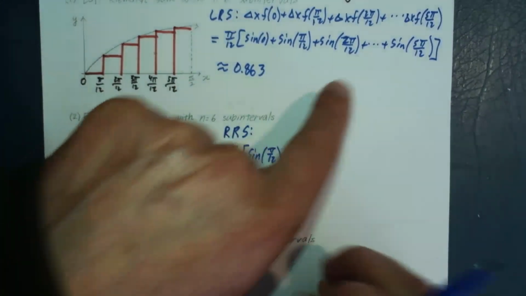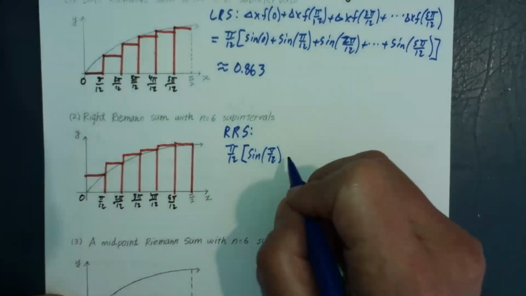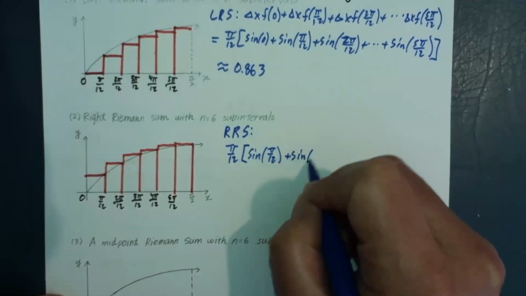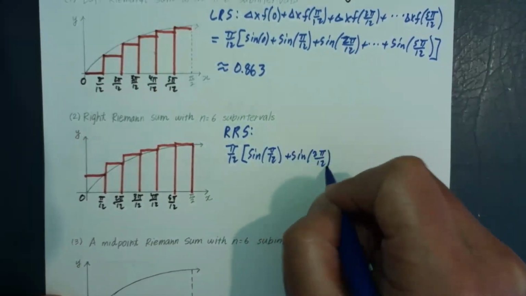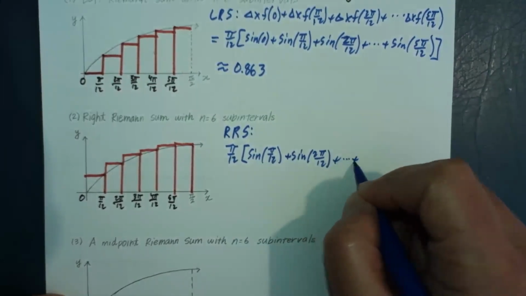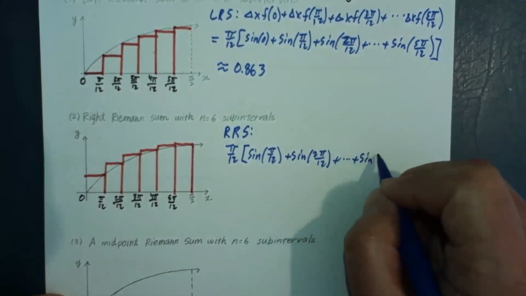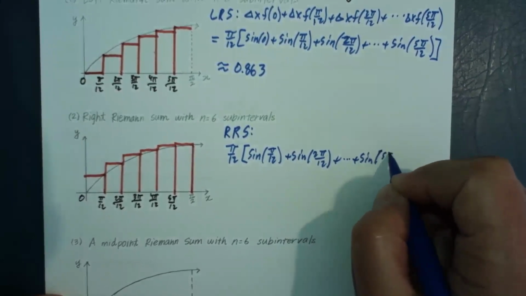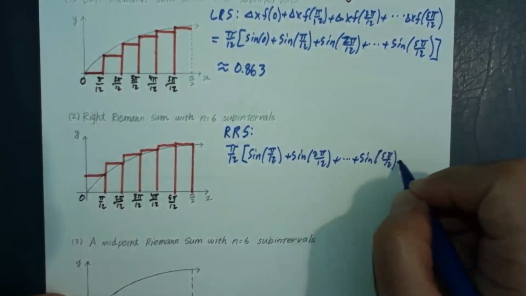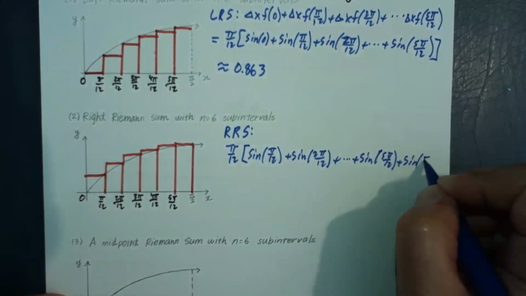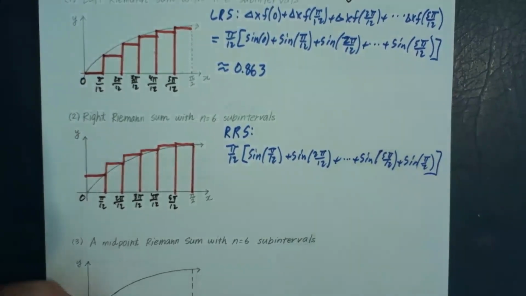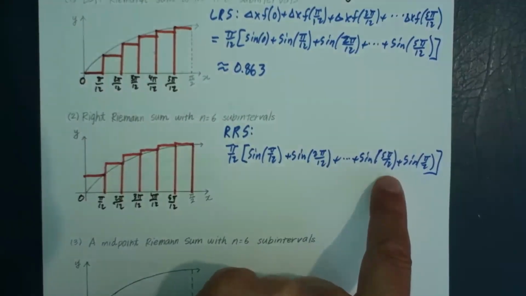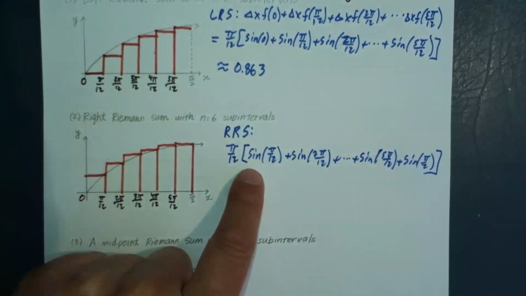And notice we didn't do the pi over 2 for this one. Notice they end differently. They also start differently.